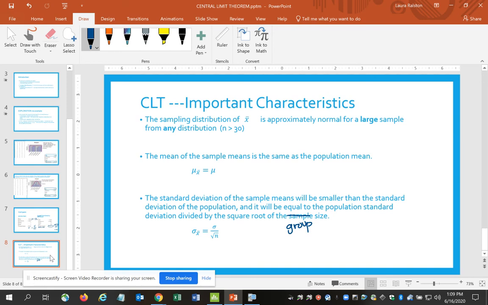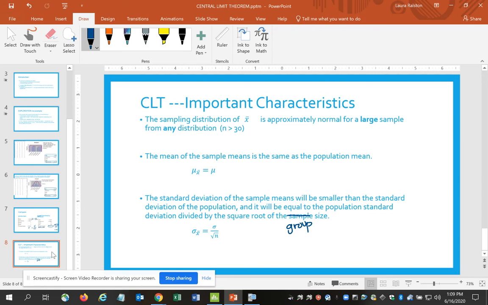If you have a large sample, anything greater than 30, for any type of distribution, and apply the central limit theorem, your sampling distribution of X bar will be approximately normal.